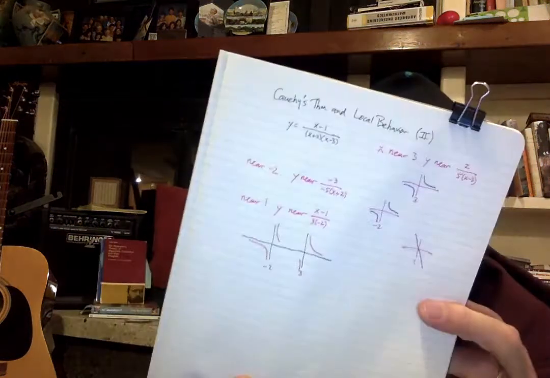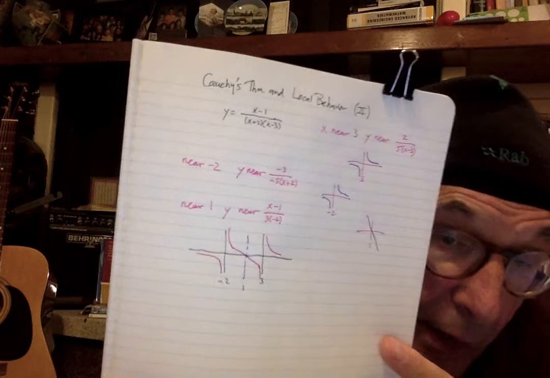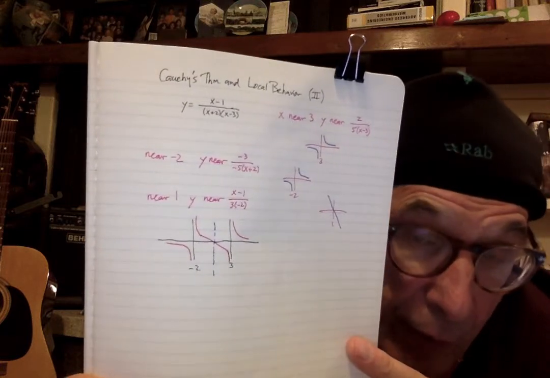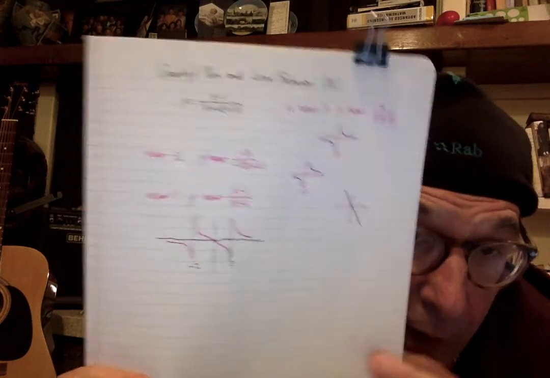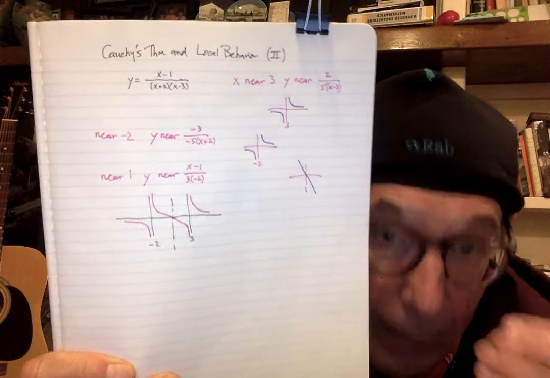And near minus 2, we're getting the same picture. And then at 1, which is someplace in between, that's the 0. Well, the graph has to go through that with a negative slope, and ta-da, we've graphed this rational function, doing very, very little work except taking advantage of that local picture.